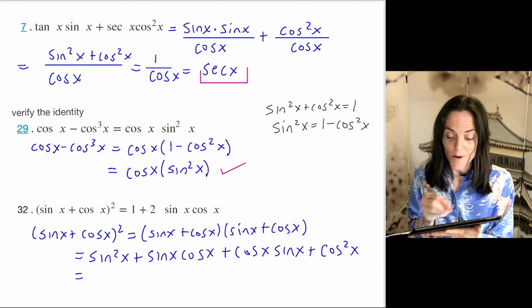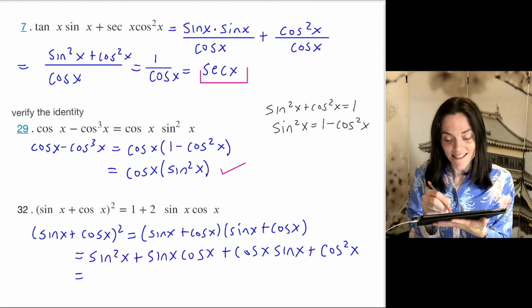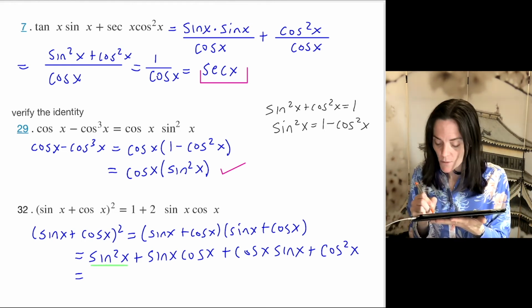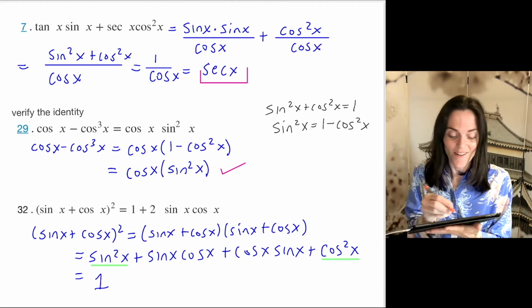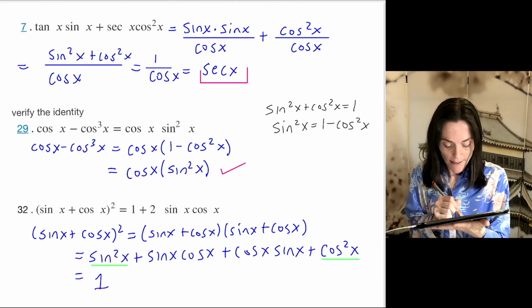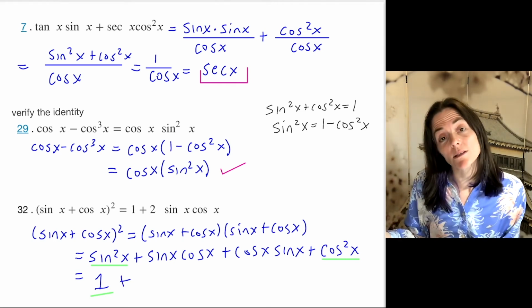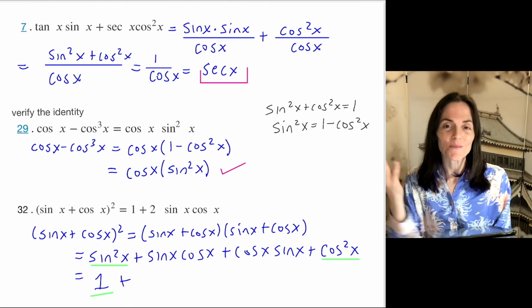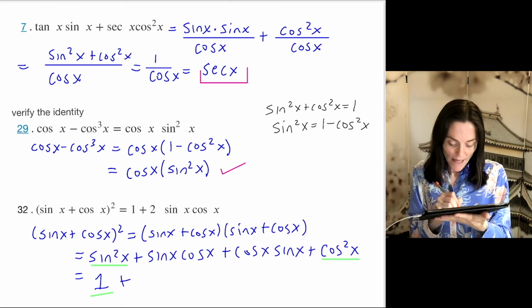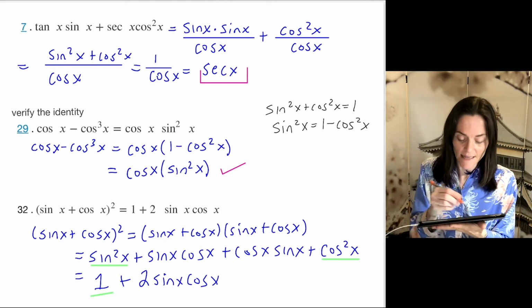Well, we are almost at where we want to be for the right-hand side of this identity because look, sine squared plus cosine squared, this is 1. In fact, I'll also underline this in green highlighter. And then the other, you see, sine times cosine is the same thing as cosine times sine because you can multiply in any order. And so I'm left with 2 sine x cosine x. And this is the right-hand side of this identity.